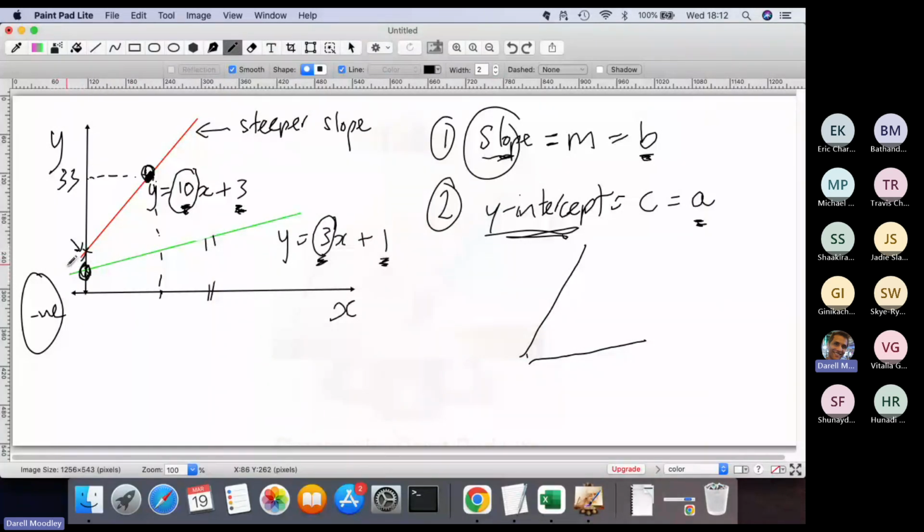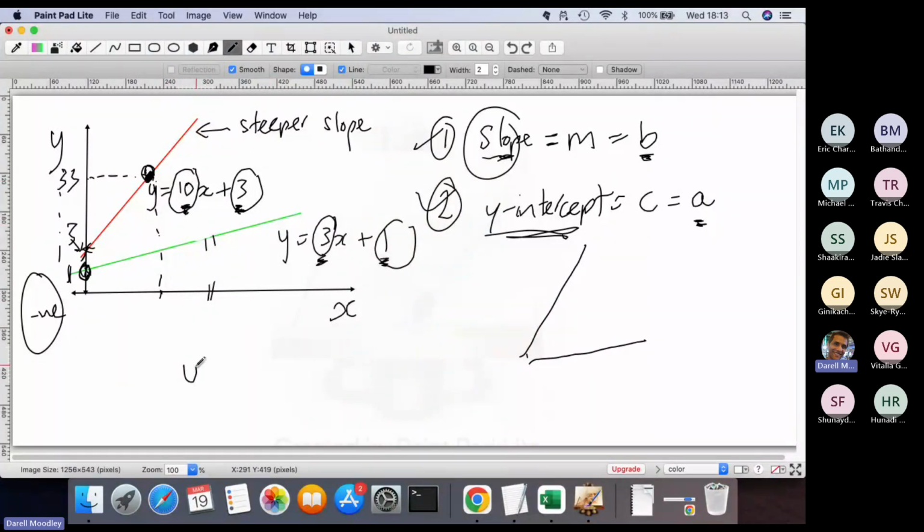We made up a value of, say, 1. For the red line, it's a higher value because y increases as you go up. So here, the value is 3. That's your y-intercept for the red line, and that's your y-intercept for the green line. If you have these two things, then you have everything you need to specify the line.